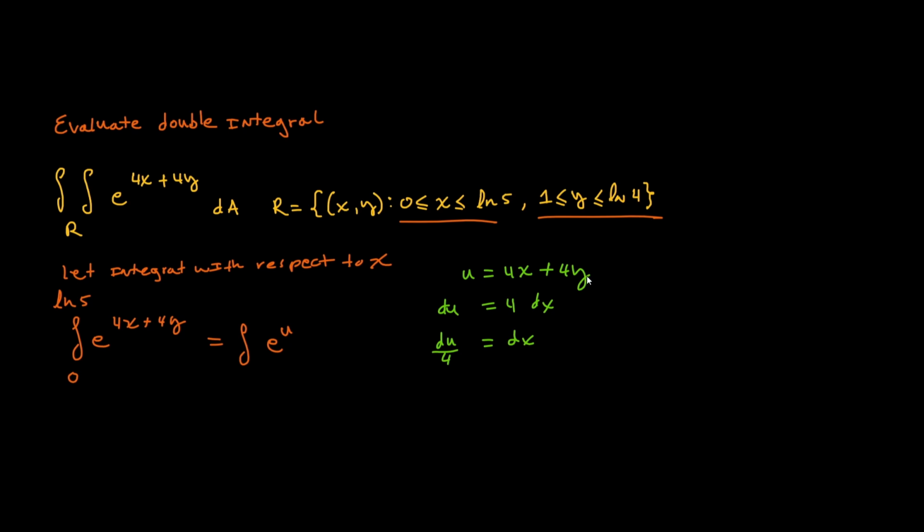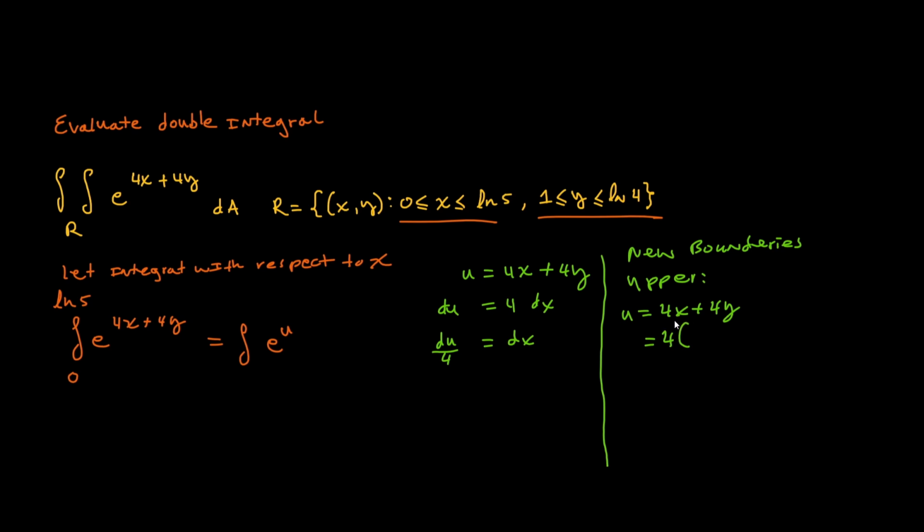So now that we're doing this, let's find the boundaries. New boundaries. Let's find the upper first. So we have u equals 4x plus 4y. All right. So let's substitute for x.